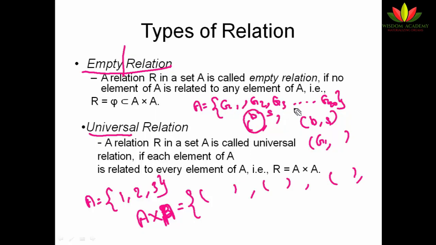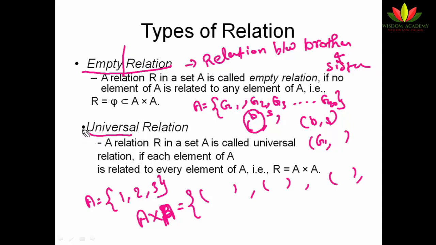That is, in this set of girls, I can't get a brother and sister. Similarly, for the universal relation, if I take an ordered pair of two girls, both will be girls. Here the rule for the empty relation was that the relation is between brother and sister, as an example.